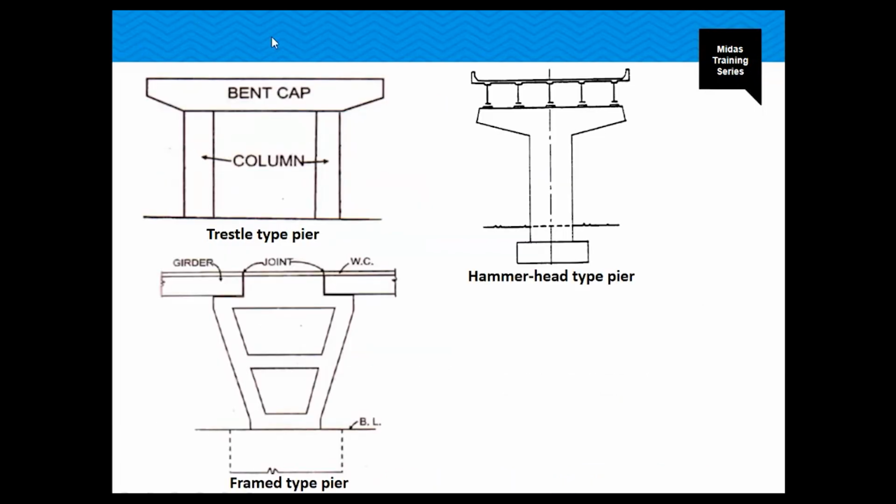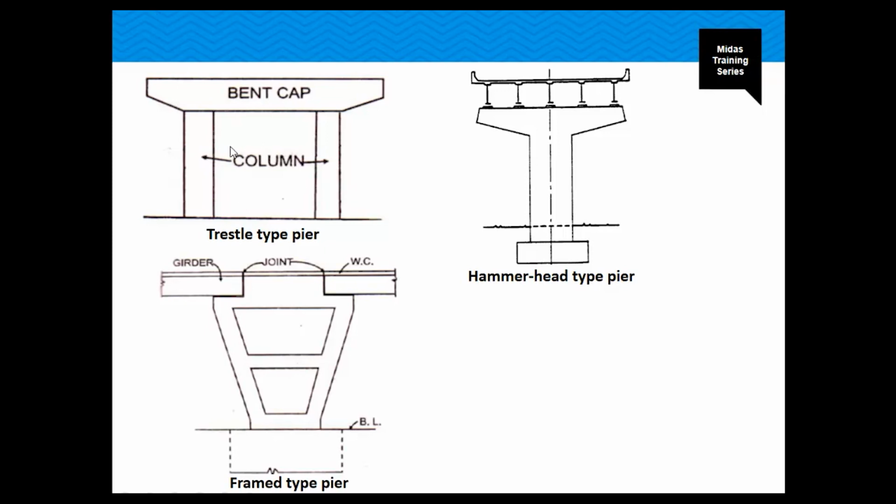We have the trestle type, which is usually composed of reinforced concrete columns with a connecting cap on the top, and they can either be used to support a steel girder superstructure, or be used as an integral pier, where the cast-in-place construction technique is used.